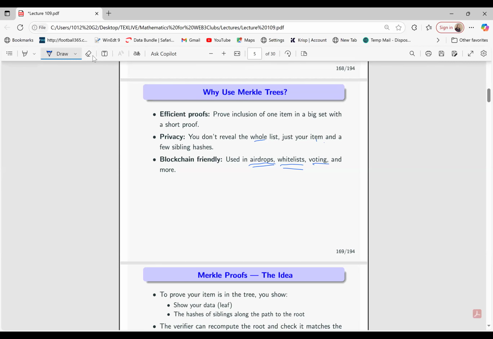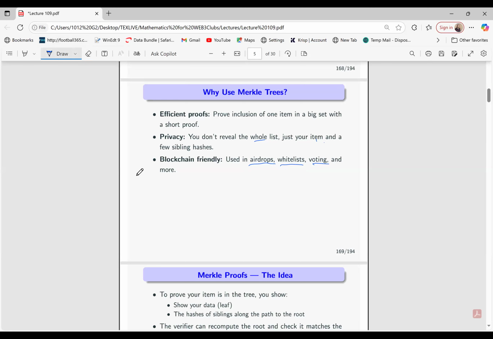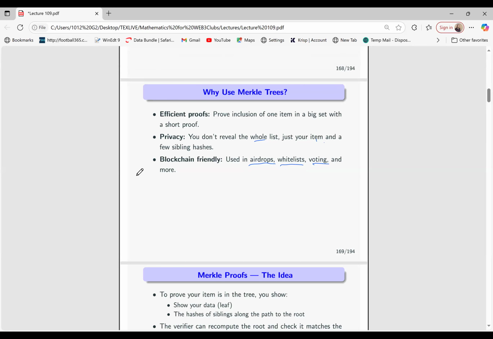They require privacy, but we have so many others that require privacy. Therefore, Merkle trees will be applied in all of those. So it's just upon you to see how to write your circuits using Merkle trees and ensure that there's privacy. That is the only thing we need to know.